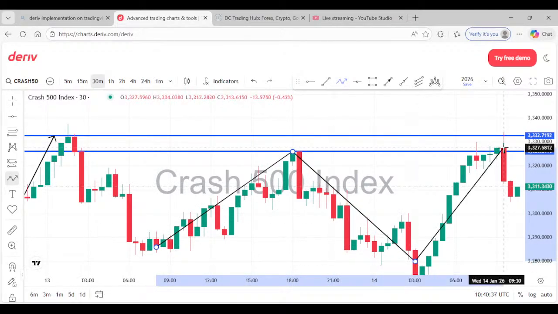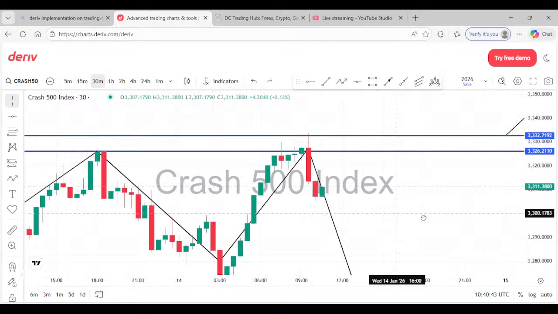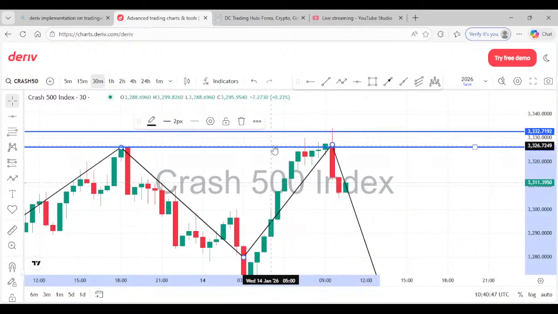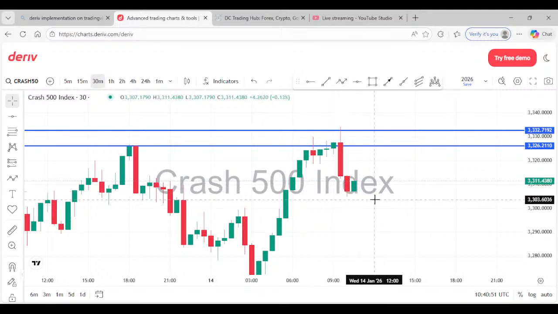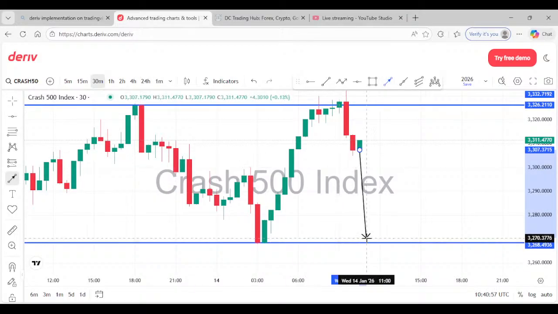So there's a possibility that when price returns to this level, it's likely going to drop further down. So this is what I'm thinking here. What we can do is make use of our spike detector to catch the spikes as price will be dropping, coming to this level here.